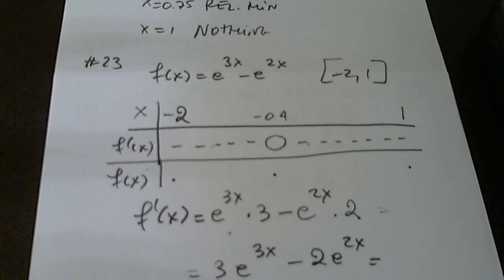Okay, so now we plug in the function in the graphing calculator. In y equals, the second function will be the original function. And the first one was the derivative, e to 3x minus e to 2x. So I need to plug in -2, I need to plug in -0.4, and I need to plug in 1.